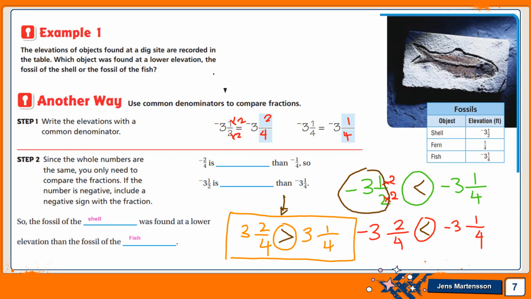Teacher, and what do we write for negative 2 over 4? Negative 2 over 4 is less than negative 1 over 4, so I wrote the second one less.